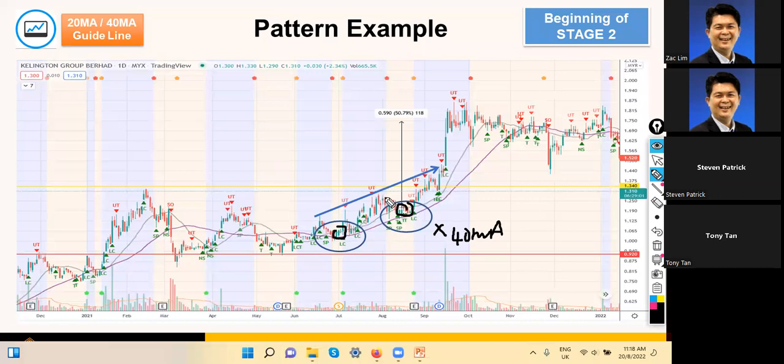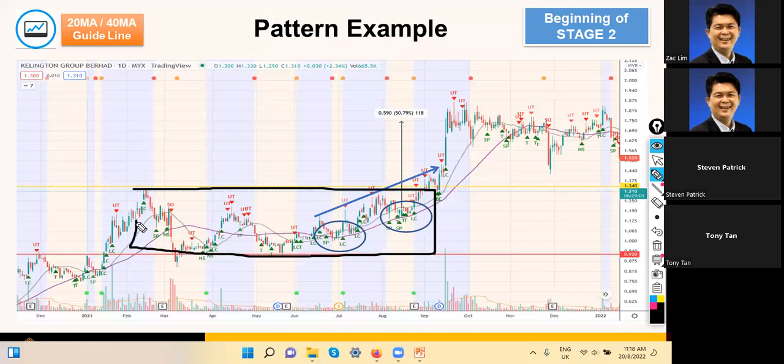That means overall this looks like an accumulation pattern. At this stage, we don't know if it is stage 3 or stage 1, meaning distribution or accumulation.